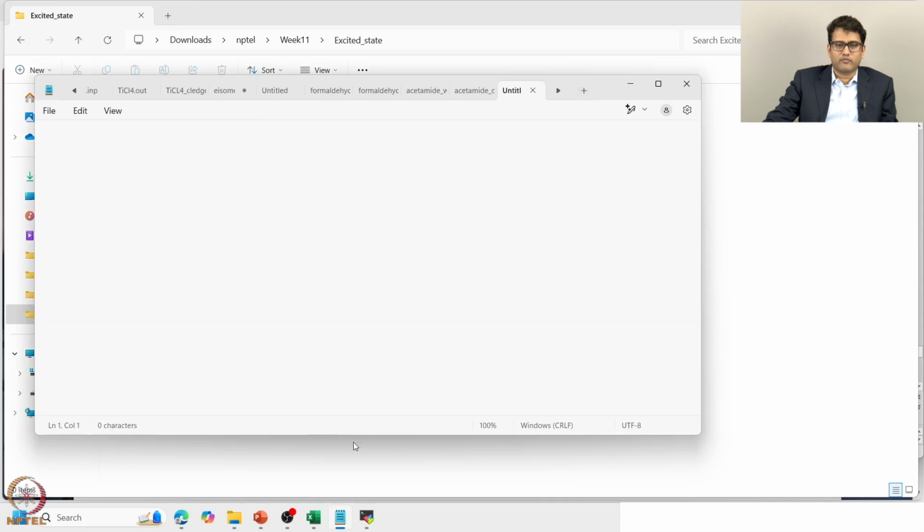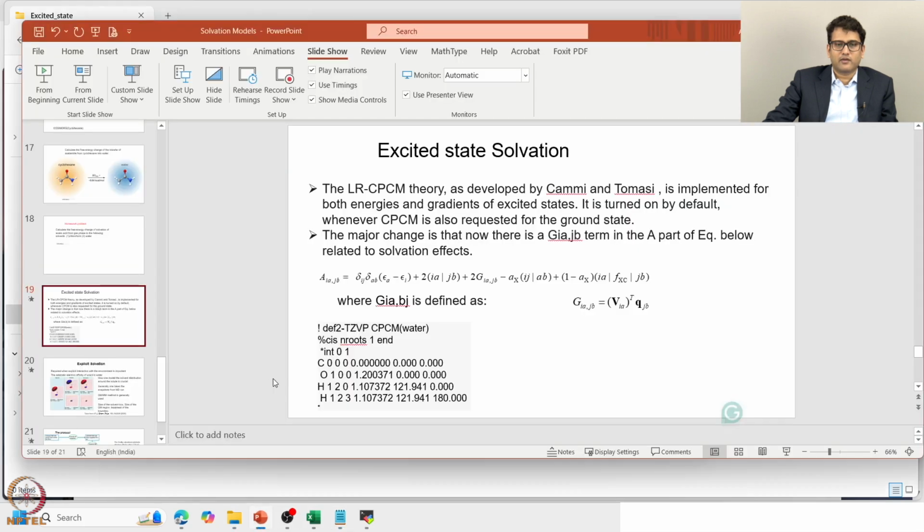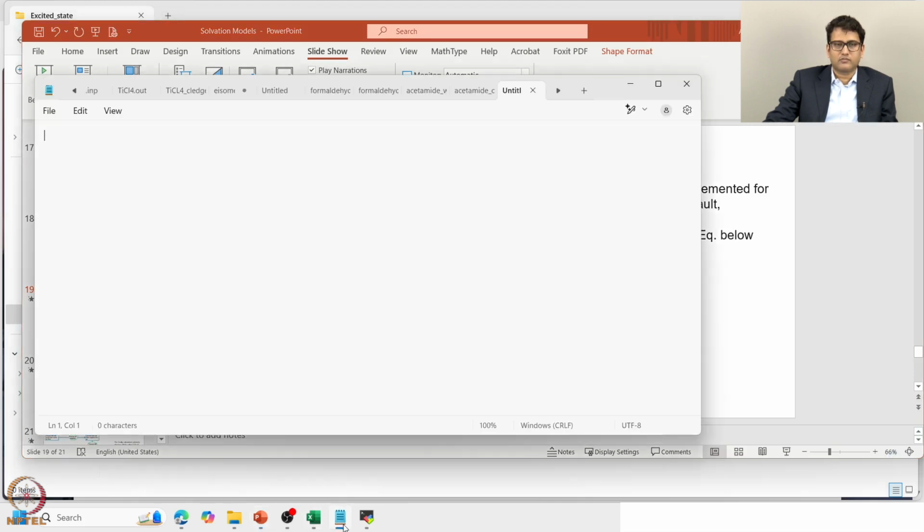So, let us make the input file. First, let us do the gas phase calculation.